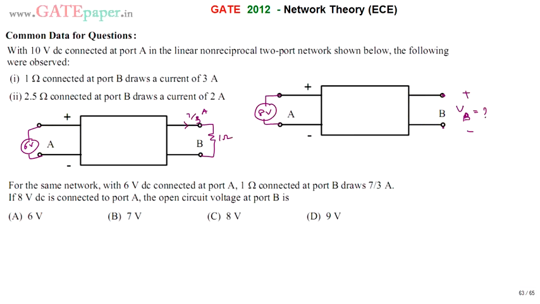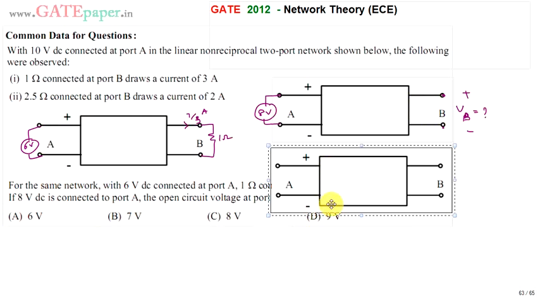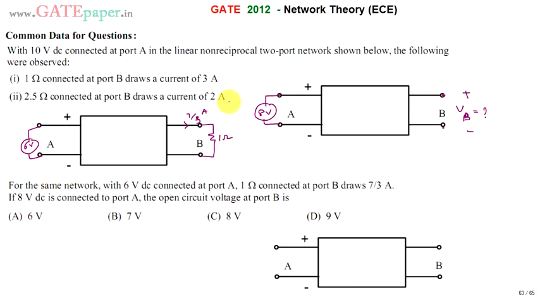So from that previous one, what we have seen is, in the previous one we have taken it as if 10 volts is connected across port A, and if a resistance of 1 ohm is connected, by that time the current drawn by this one is 3 amperes. Okay, this is the information we know.